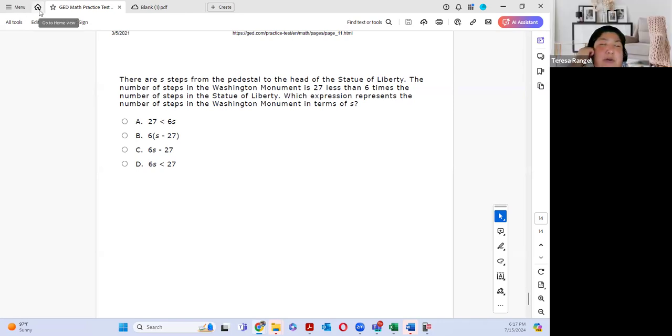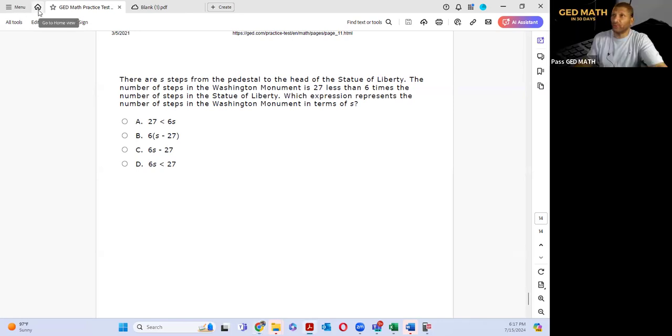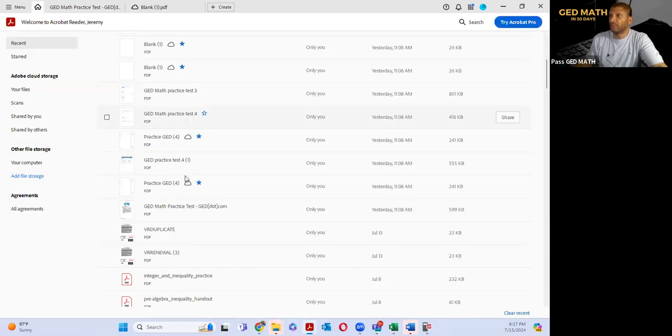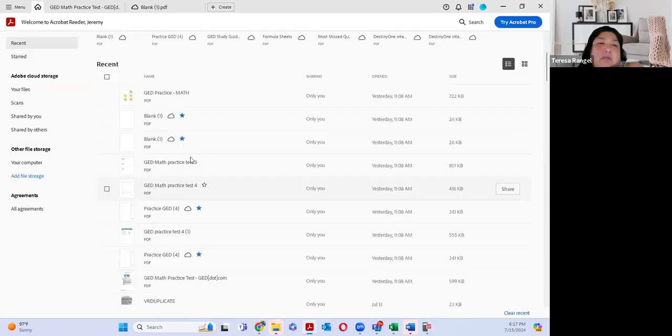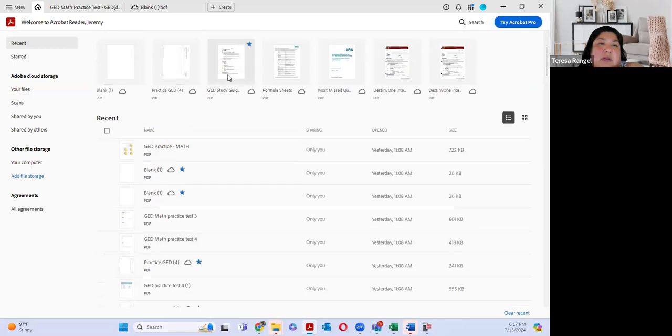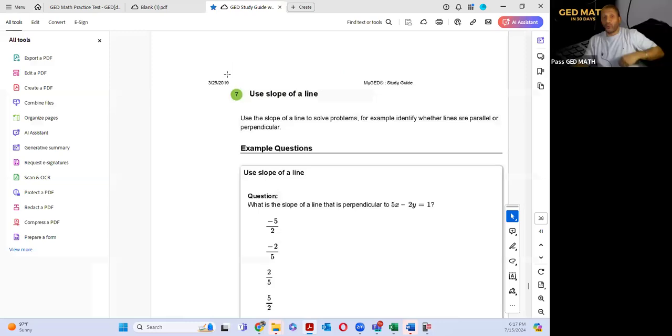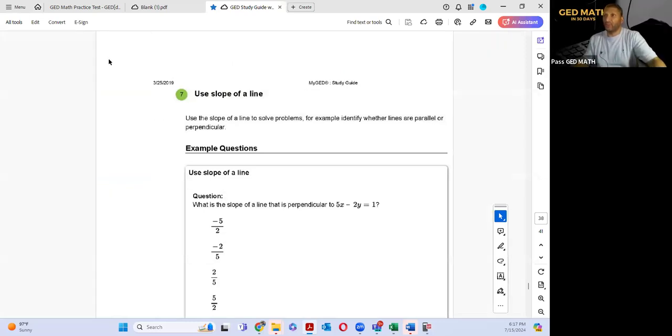What about polynomials? Let's do the multiplying and the division ones. So let me make sure I understand what you're saying: multiplying binomials and dividing polynomials.